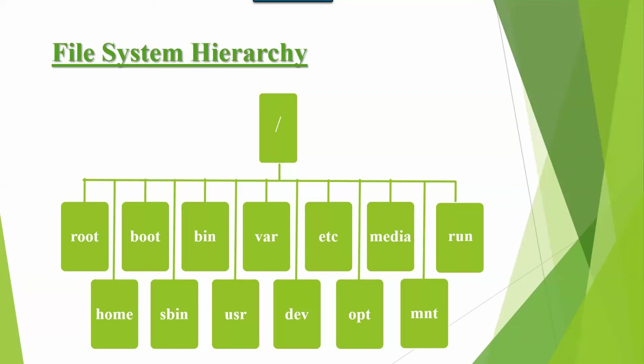When you open the media directory, it will show the content of your pen drive. Removable devices information is stored under media. When you connect your pen drive, information about your pen drive is stored under media. So if you open media, you can see the content of your pen drive.